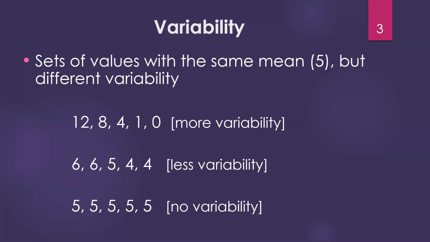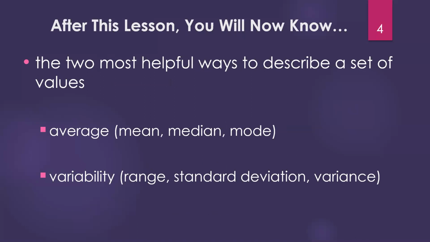All of these have the same mean of 5, but another way to describe data is not just the mean, not just the average, but also how spread out they are, how different the numbers are from one another. After this lesson today, you're going to know the 2 most helpful ways to describe a set of values.